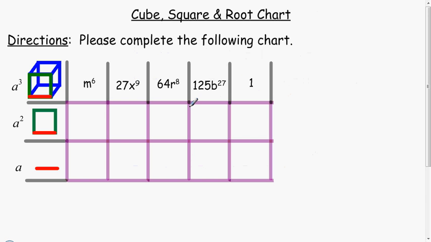Okay, so if we look at this chart, in the top row, I have a bunch of perfect cubes. The top row is all things of the form a cubed because they're all, in fact, cubes. The coefficients are from the magic list, and all the exponents are divisible by 3.